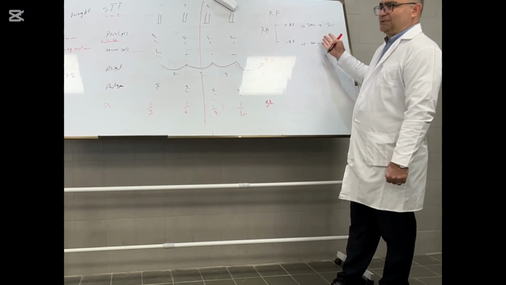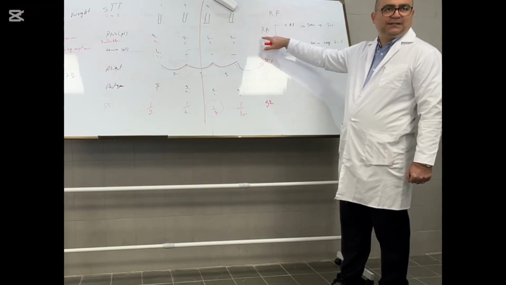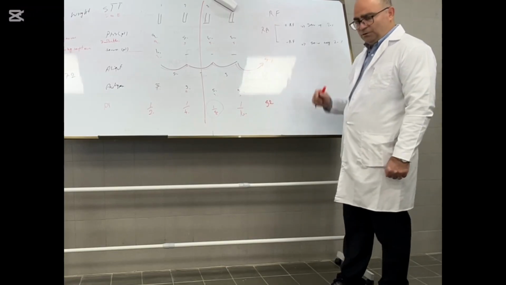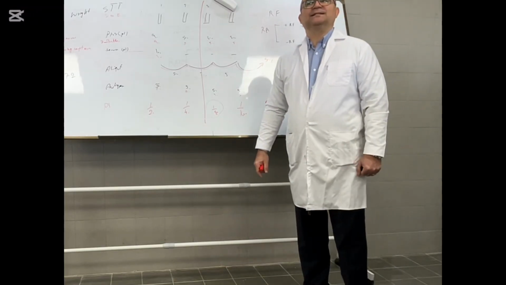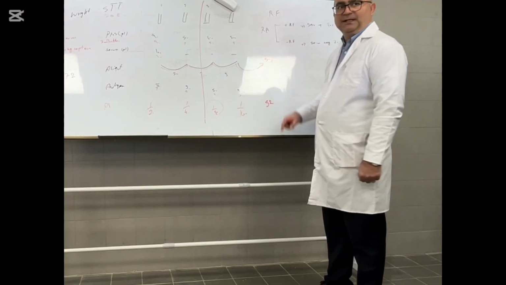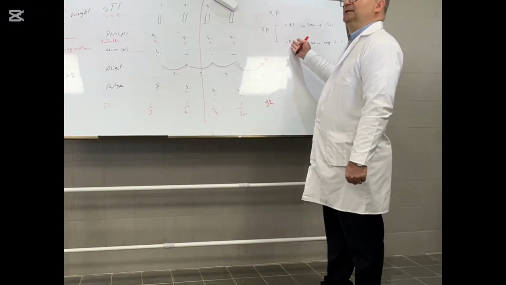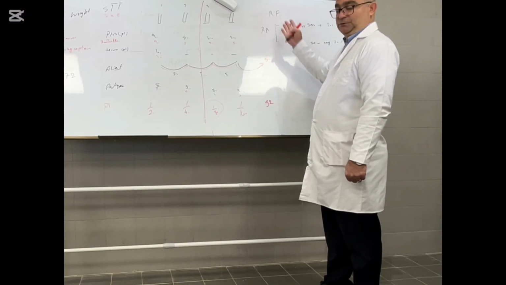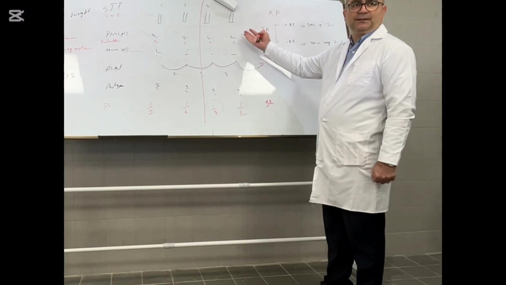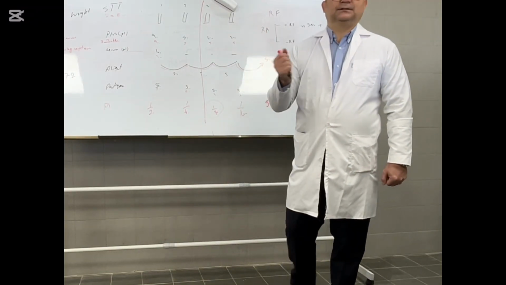So, as you see, rheumatoid factor is not specific for detection of rheumatoid arthritis, but it's necessary for detection. If a patient has rheumatoid factor, we cannot rule out rheumatoid arthritis. We need to confirm rheumatoid arthritis with another test like CCP or FANA or ANA and so on.